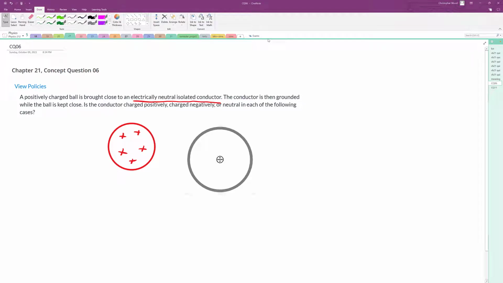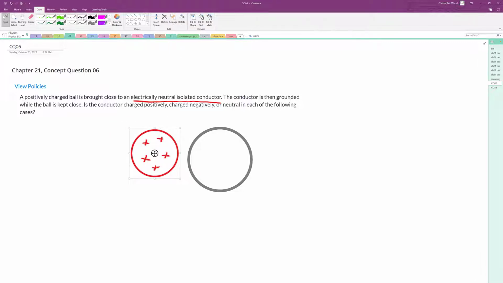When this ball is brought near this conductor, like I'm doing right now, the positive charges of this ball will repel the positive charges on this conductor. Conductor means these charges can move, so you'll get this separation effect. These positive charges will try to get as far away from these positive charges as much as possible. These positive charges will chase away these positive charges.